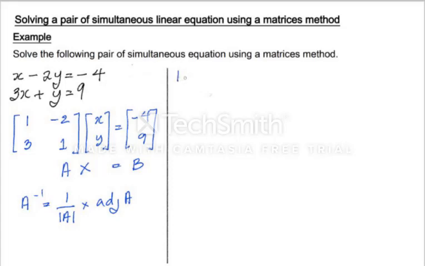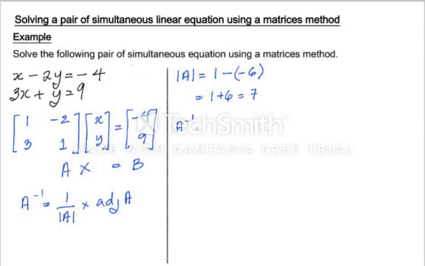Now the determinant of A is equal to 1 times 1, which is 1, minus 2 times 3. Minus 2 times 3 is minus 6. So the determinant is going to be 1 plus 6, which is 7.